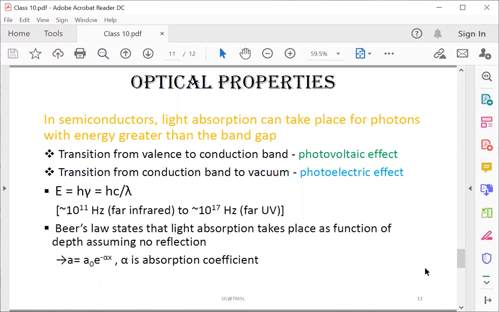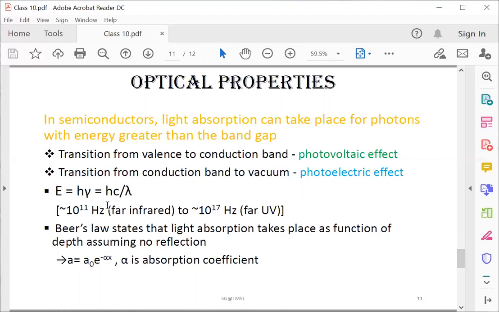The photon energy is given by h nu, which must be greater than the band gap, represented by Eg, as I have explained earlier in the band gap diagram. If the energy is less than the band gap energy, the optical effect will not change the properties, and the light passes through the crystal; these are known as optical windows.